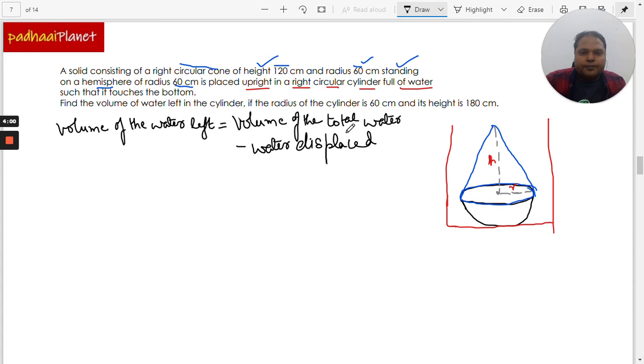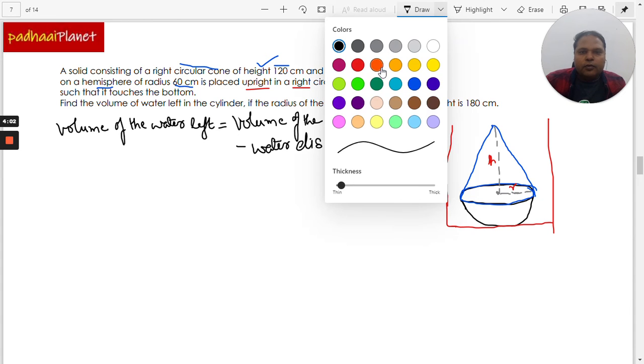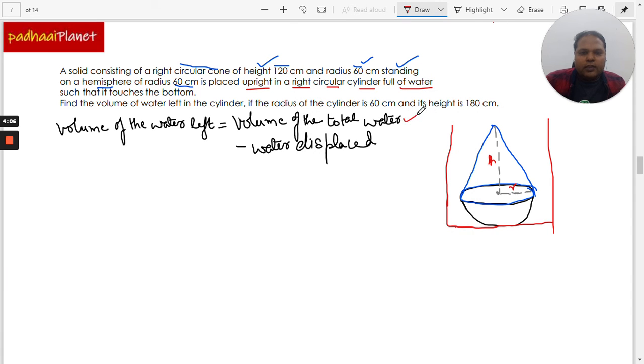Now we already know that the water was in a cylindrical object, so the volume of the total water is equal to the volume of the cylinder.